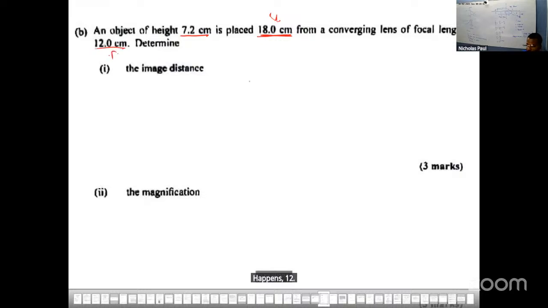Right. How are we finding image distance? Nuria, what's the formula we use in part 1? 1 over F is equal to 1 over U plus 1 over V. Work it out fast enough, please.